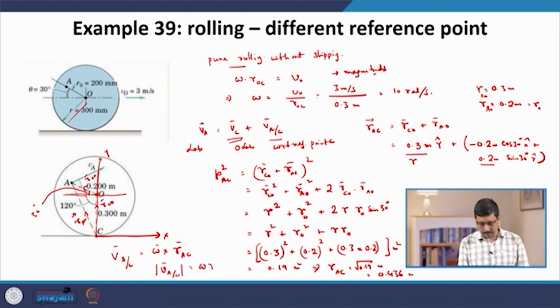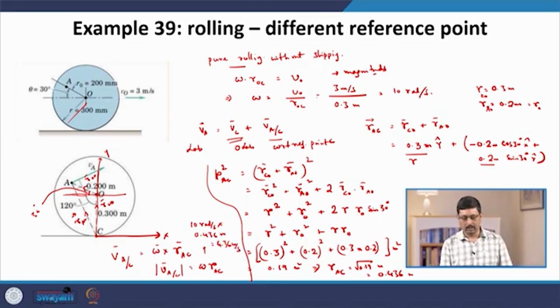It is just omega times RAC. Omega is 10 radian per second times 0.436 meter, which is 4.36 meter per second, which is the answer.